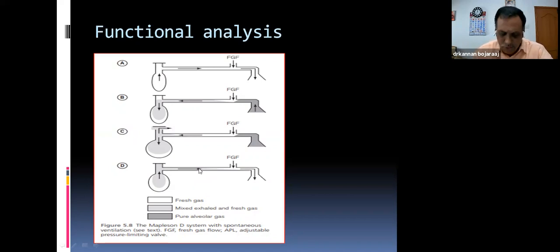So for the next inspiration, the continuing fresh gas flow plus the fresh gas stored in the expiratory limb, the reservoir limb, will come into play in the next inspiration.